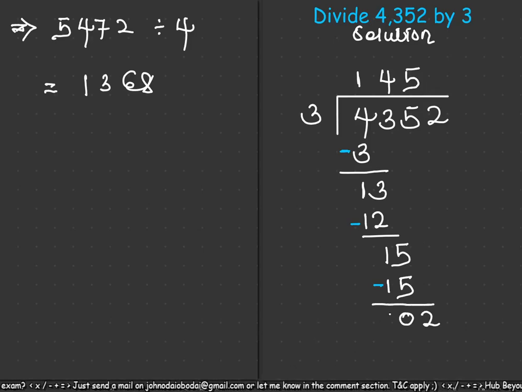Okay, so for clarity, let me just delete this. Now we have 2. Okay, then we don't say that is your remainder. No, you'd still divide. So 2 divided by 3, how many times? How many whole numbers? Now take note, in the enumeration system, 0 is also a whole number.